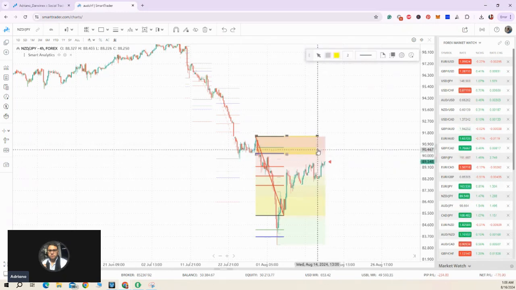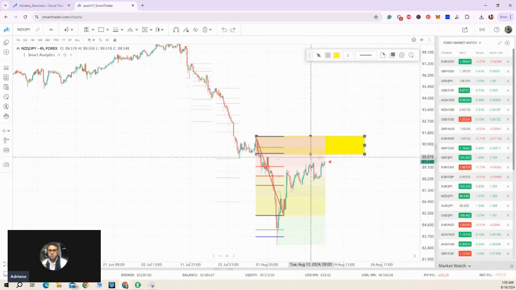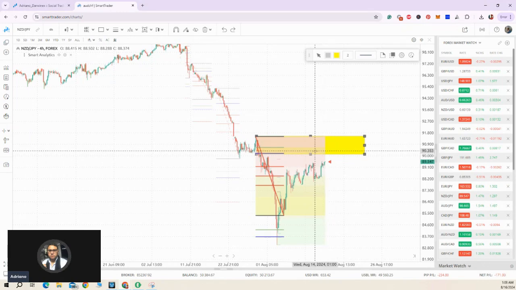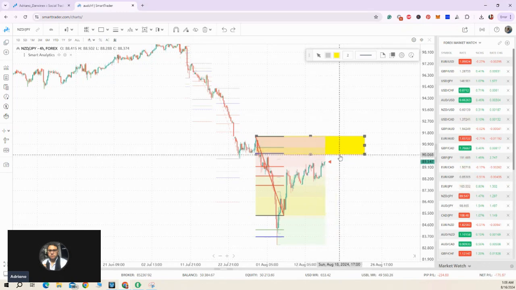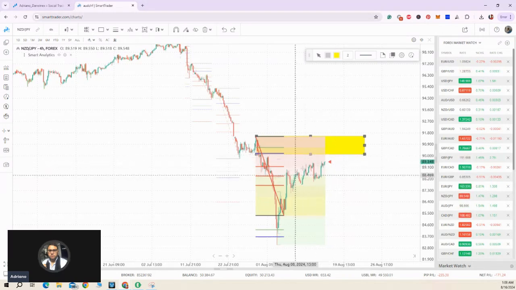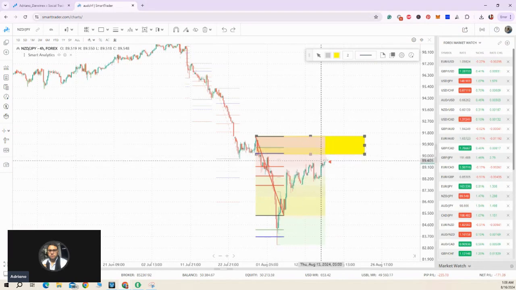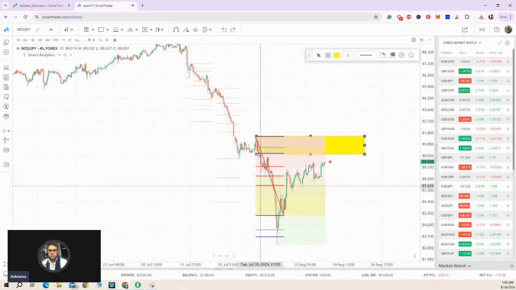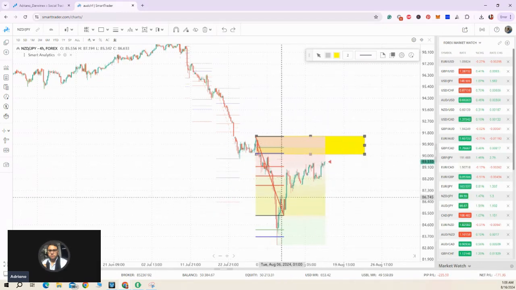So on this, let's wait to see if it comes back to the 74, and if it does, we're going to trade. I was thinking about placing a pending order, but I'm going to pass on this just because it's going to increase the risk.